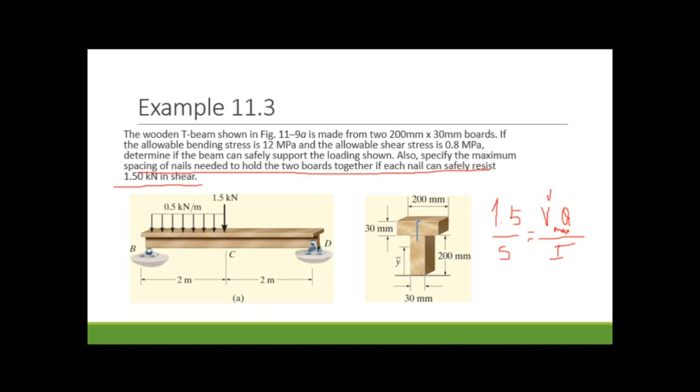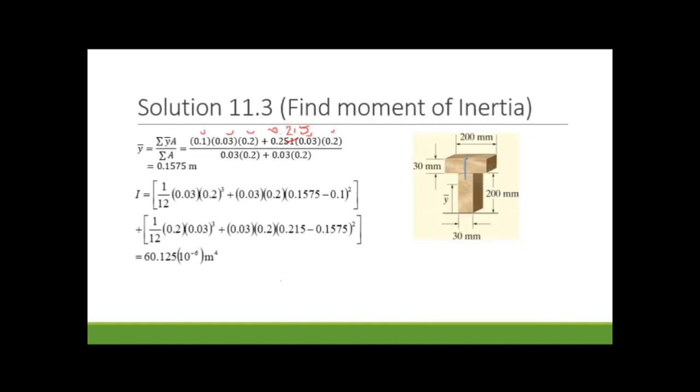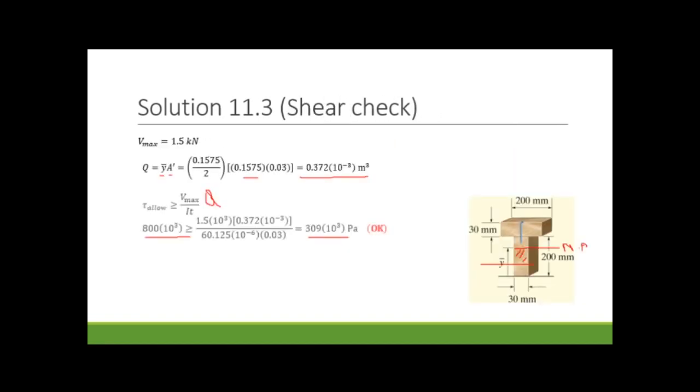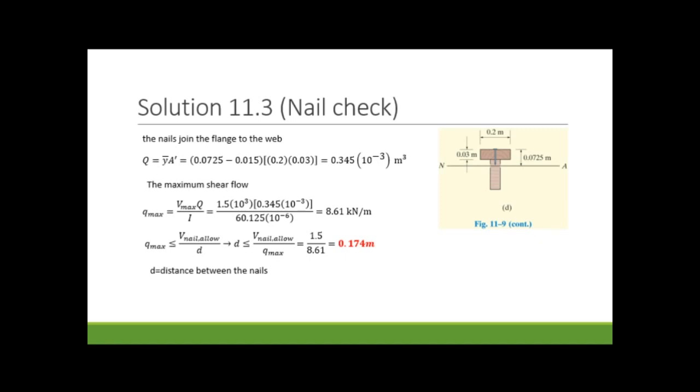We know Vmax, we know Q, we know the moment of inertia, we know the nail strength, and we solve for S. If I go back to the formulation, I put Vmax, I put Q, I put the moment of inertia, I calculated Q max, it should be nail allowance divided by S. I'm sorry, I wrote D instead, then I get D equal to 0.74 meter.